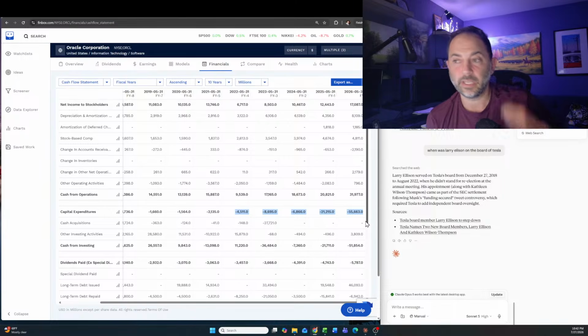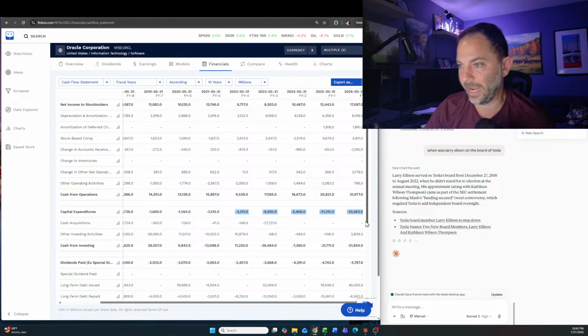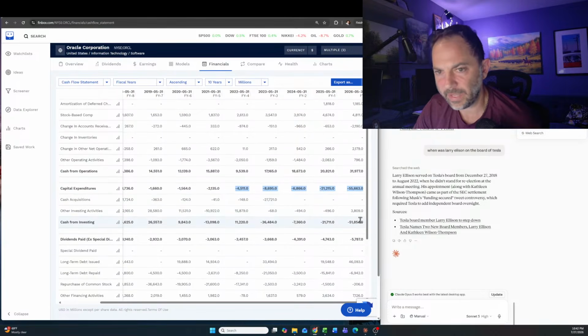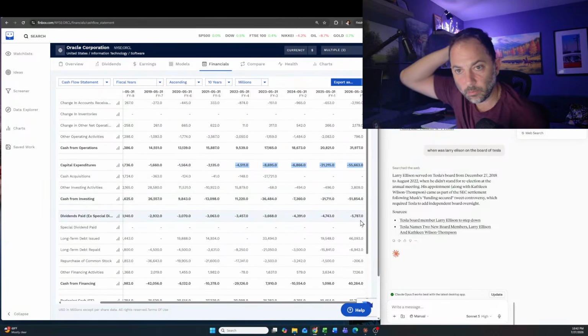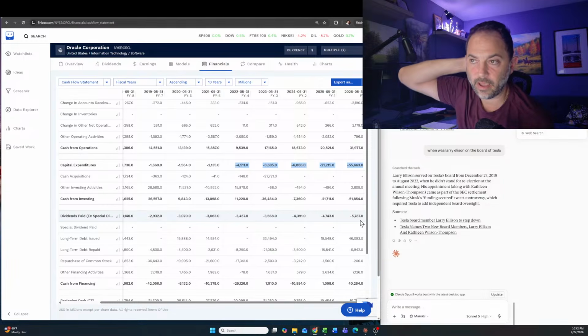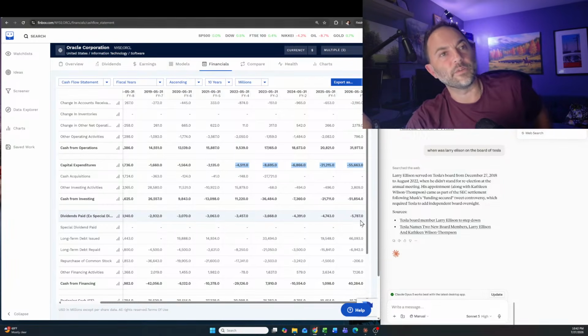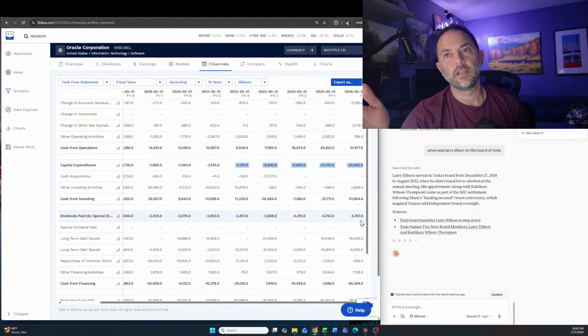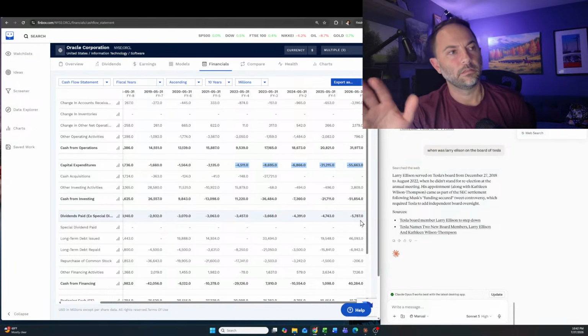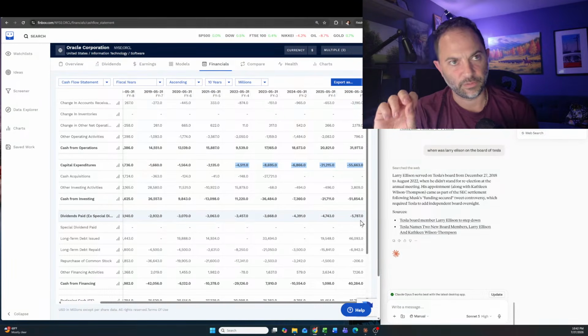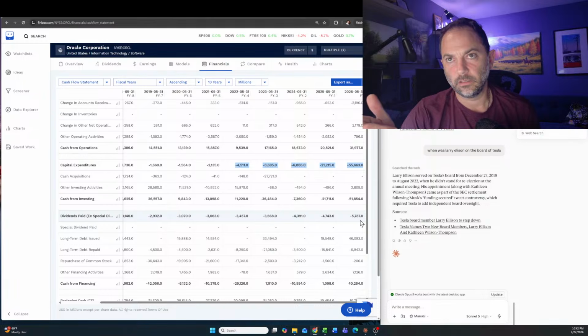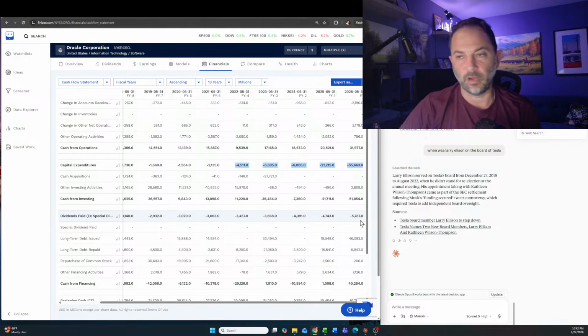55 billion in capex investment on 32 billion of cash flow. That's why they're heavily leveraged. This is the difference between Google and Oracle, one difference, just how they choose to finance the growth. Larry Ellison is clearly a risk taker.